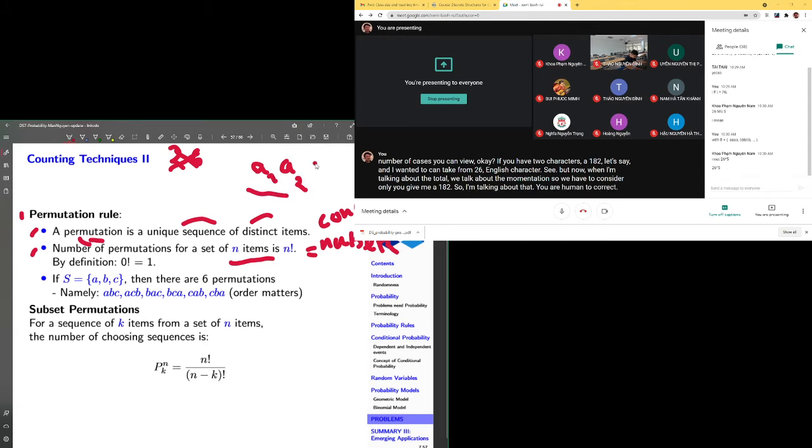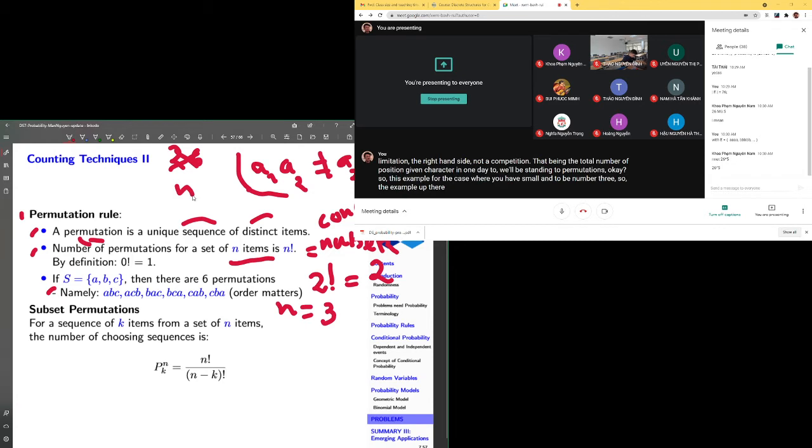So this one is definitely not the same as A2, A1, you see. So the left hand side is one permutation, the right hand side is another permutation. That means the total number of permutations given characters A1, A2 will be exactly two permutations. Okay. So this example is for the case where n is number 2, so they are different examples. Okay.